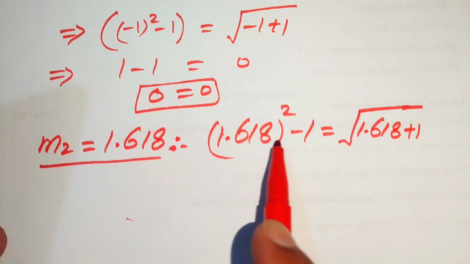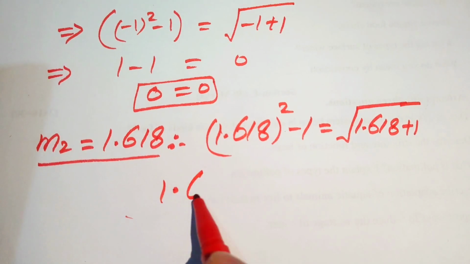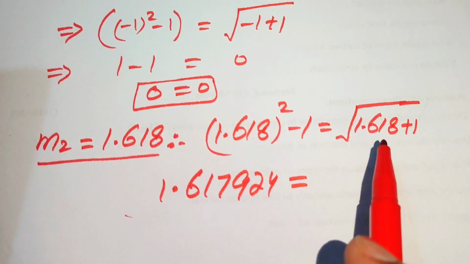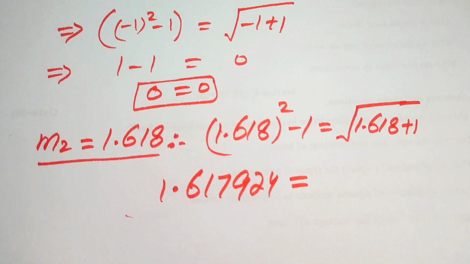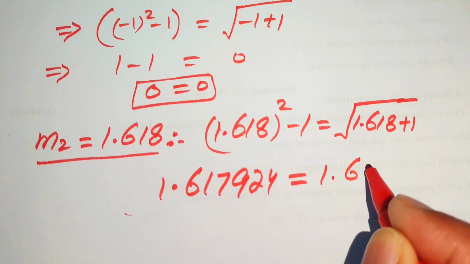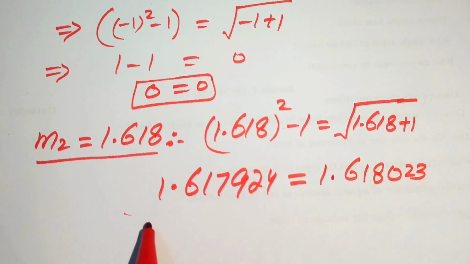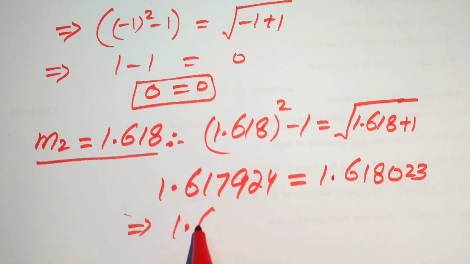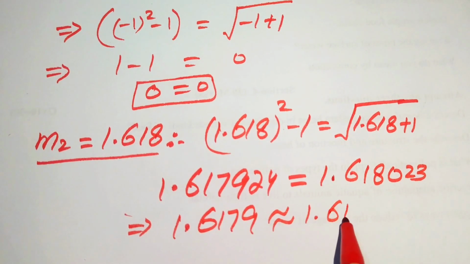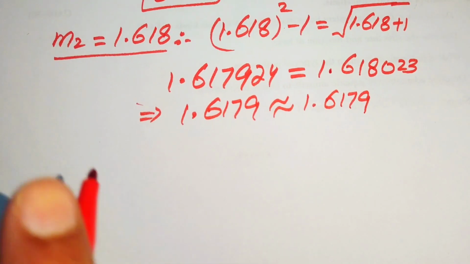When we take the square and subtract 1, we get 1.617924. Similarly we check the right hand side, which becomes 1.618023. So you see clearly that 1.6179 is approximately equal to 1.6179. It means that the second root also satisfies the given equation.